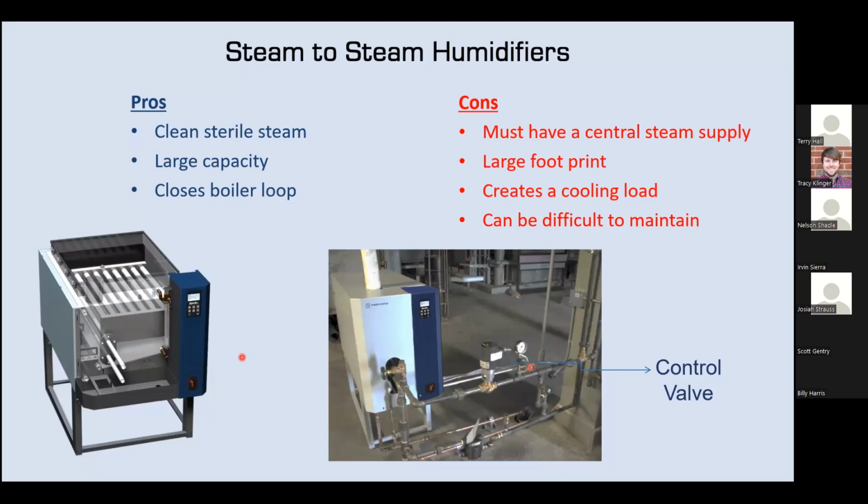Otherwise, the unit can get derated with lower pressure steam. There is a little bit of a lag on the heat exchanger, and it is a big volume of water in these units to boil. But generally, once you reach control conditions, the modulation is fairly good, but it's not going to be as good as an electric unit.